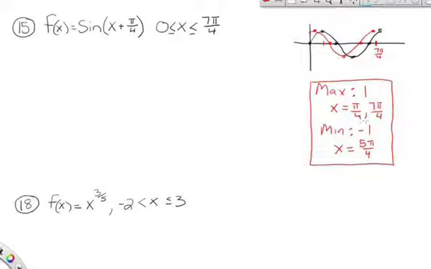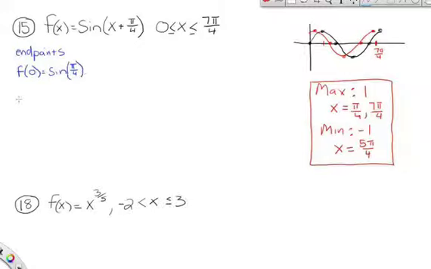Okay. And again, let's see if we can get the calculus to back us up on this. We already know we're going to check the endpoints. So I already know I need to check f of 0, which is going to be finding the sine of pi over 4.